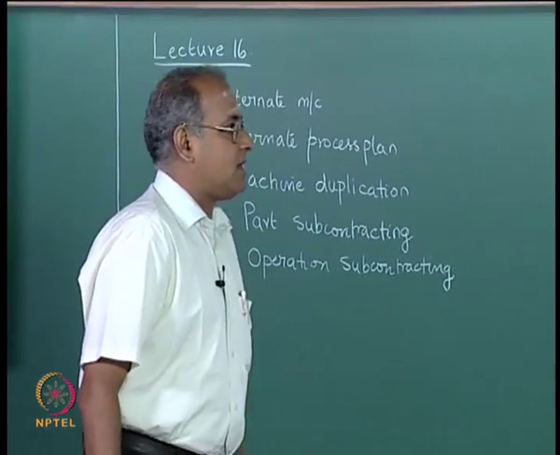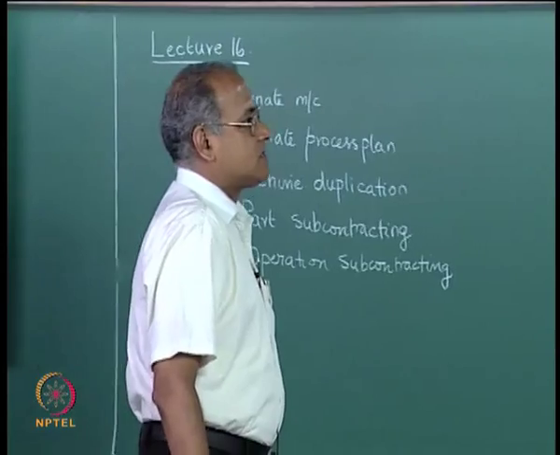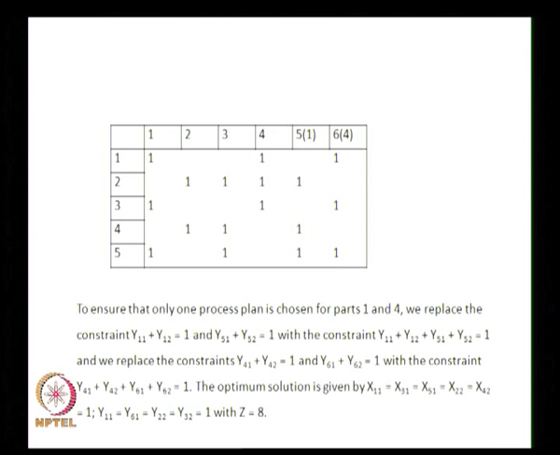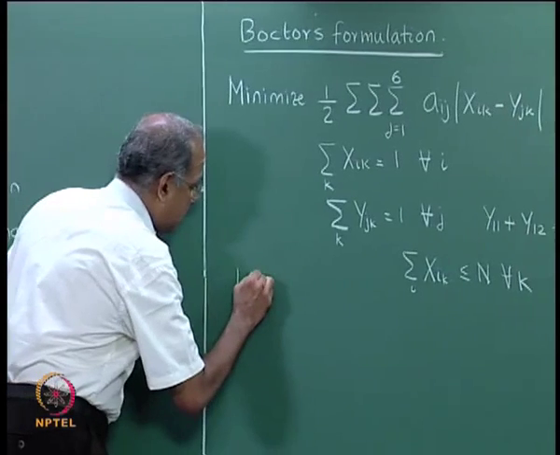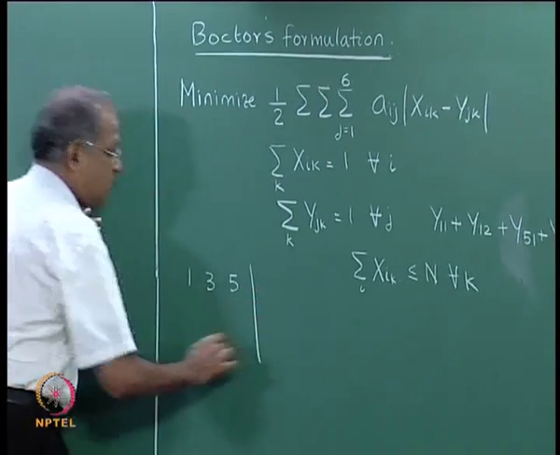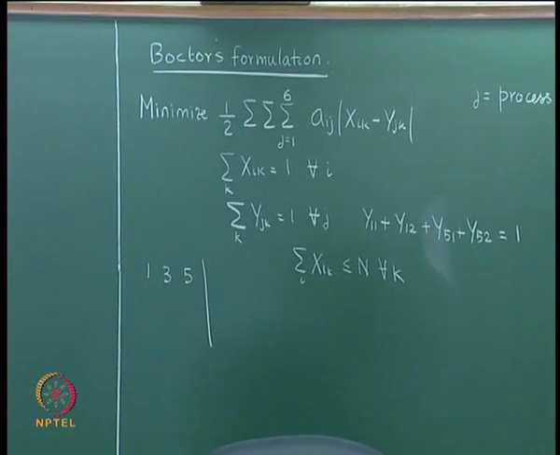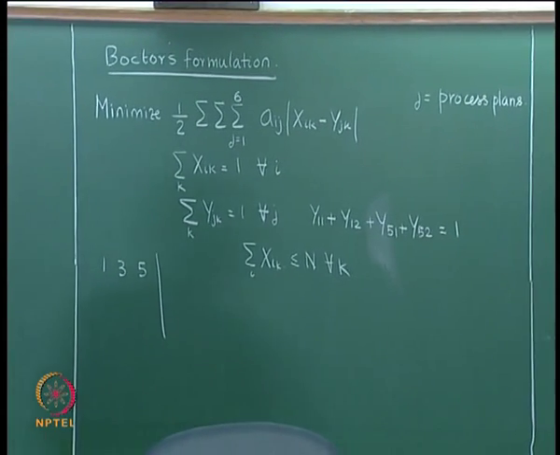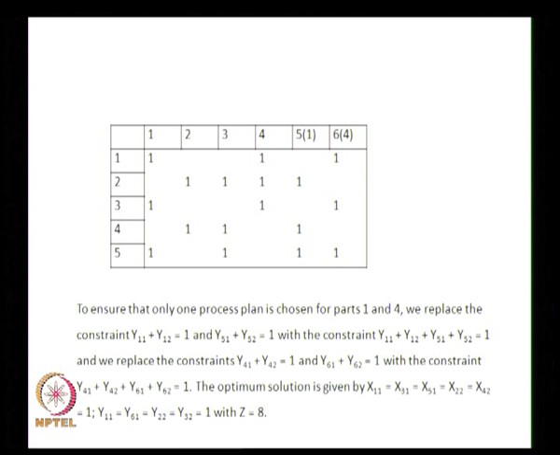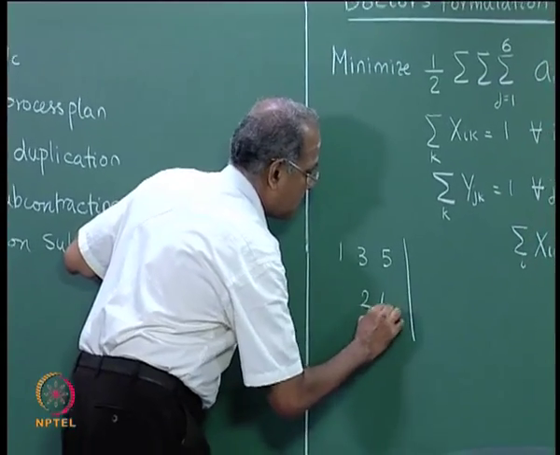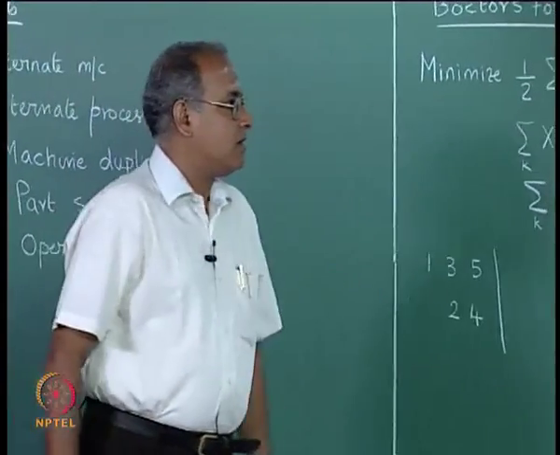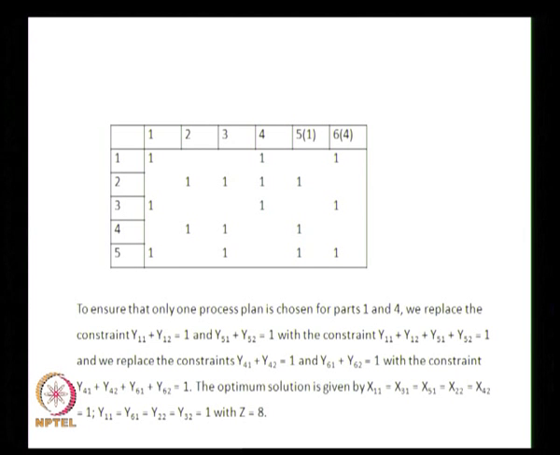Now, here we have said that the optimum solution is given by x11 equal to x31 equal to x51, x22 equal to, now the optimum solution is given by machines 1, 3 and 5 forming one group and machines 2 and 4 forming one group, with parts y11, y61.